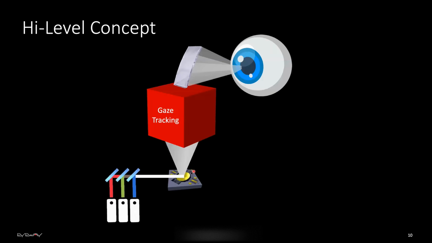On a high-level concept, what we have is the laser RGB light sources that are combined and illuminate the MEMS mirror, which then creates an image, and it goes into the gaze tracking technology. Again, please be mindful that this is a gaze tracking technology. This is not a normal eye tracker that just outputs the data.